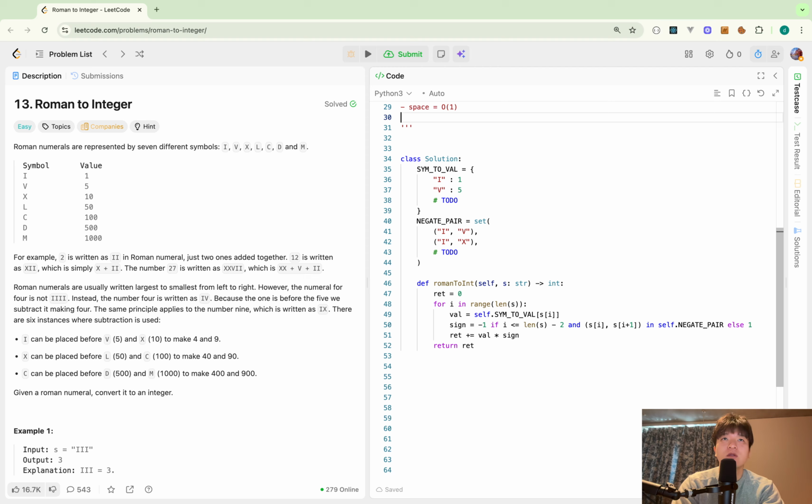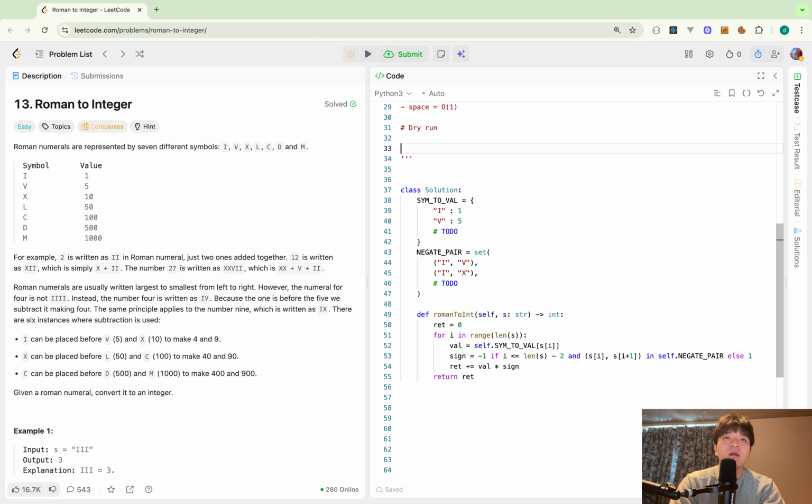Oh no, maybe I should do a dry run first. So let's say I try to check this one. Maybe I want some other character here. In this case, I expect 10 minus 1 plus 5. And definitely I should check this one too.